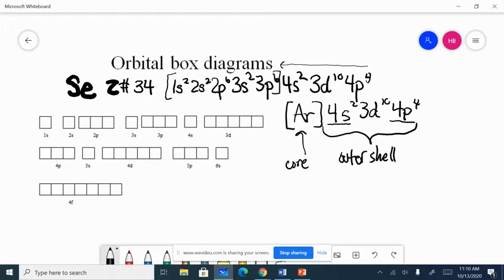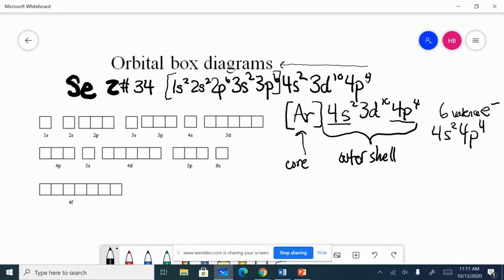We've got some 1s, some 2s, some 3s, some 4s. 4 is the highest one, so I'm going to underline them all. So I have 6 valence electrons, and the valence electrons are 4s2, 4p4.